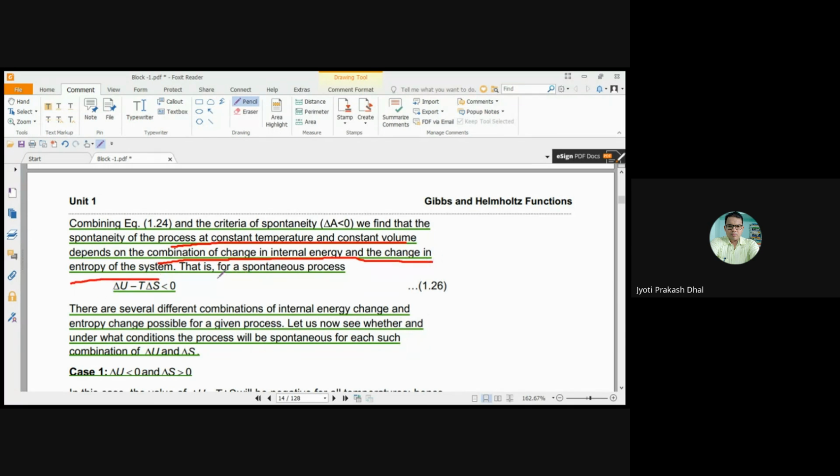Thus, for a spontaneous process, del U minus T del S should be less than 0, and for an equilibrium process, del U minus T del S should equal 0.